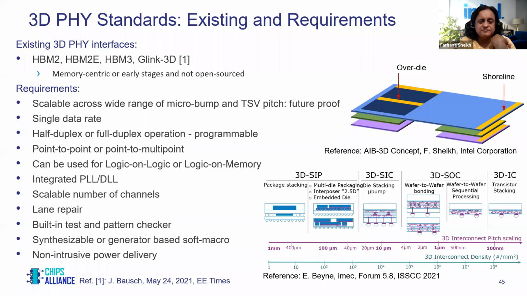We also, as I said before, want to be able to use this for both logic on logic and logic on memory. And then, of course, for clock correction purposes and clocking purposes, we do want to try to integrate a DLL in the picture, have a scalable number of channels, and then also for reliability, have lane repair and built-in test and pattern checking.